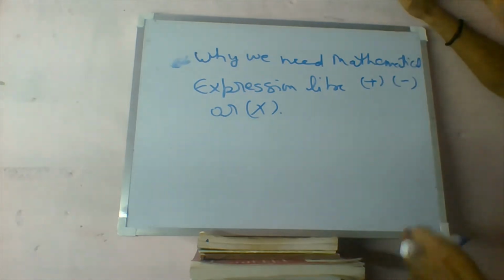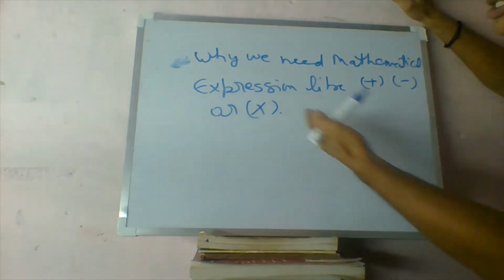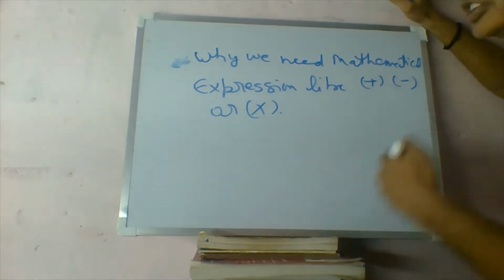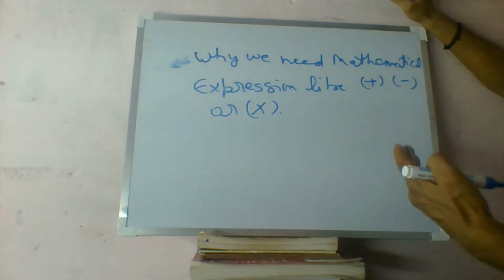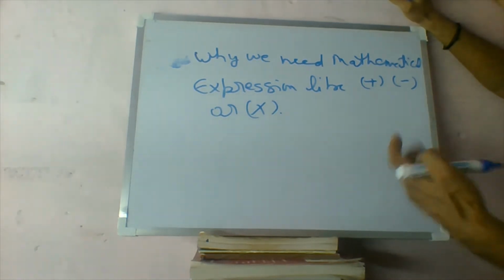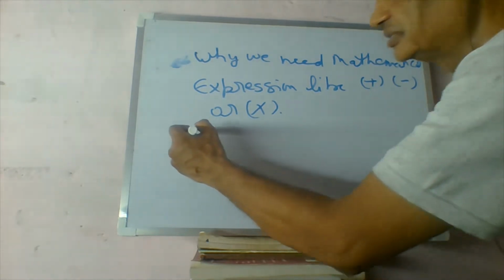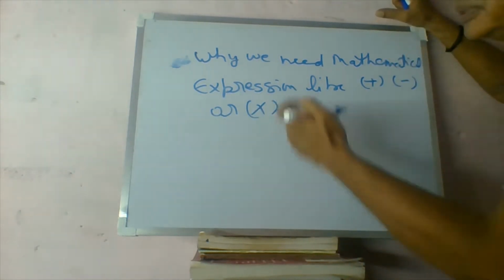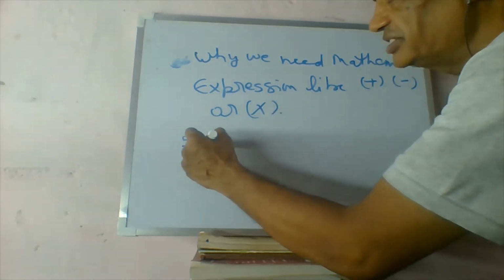Why do we need mathematical expressions like multiplication? Suppose we have to add 5, 20 times. How will we write it? If we don't have this expression, we write it something like this.